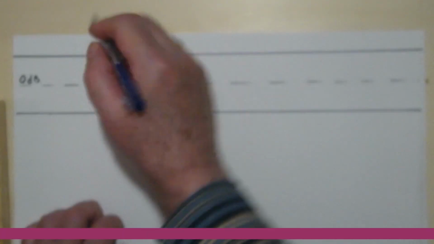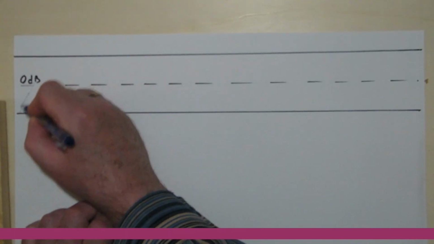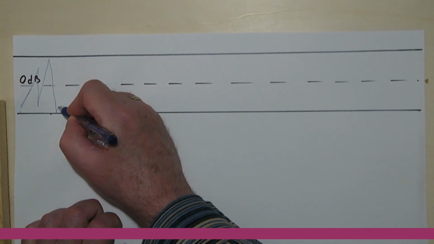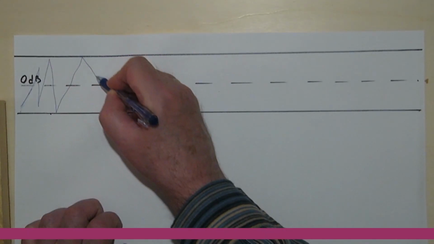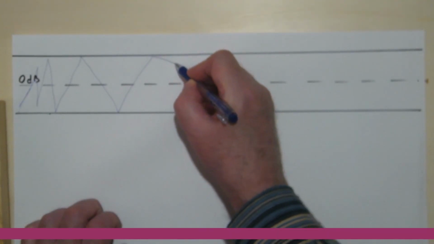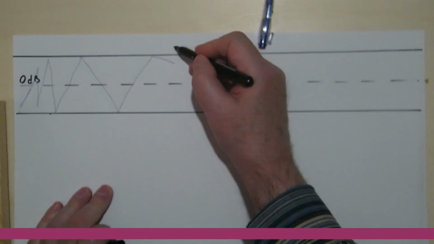So what happens? Let's start with a certain frequency. And the frequency gets lower and lower and lower. And let's say here we had a frequency of 0.